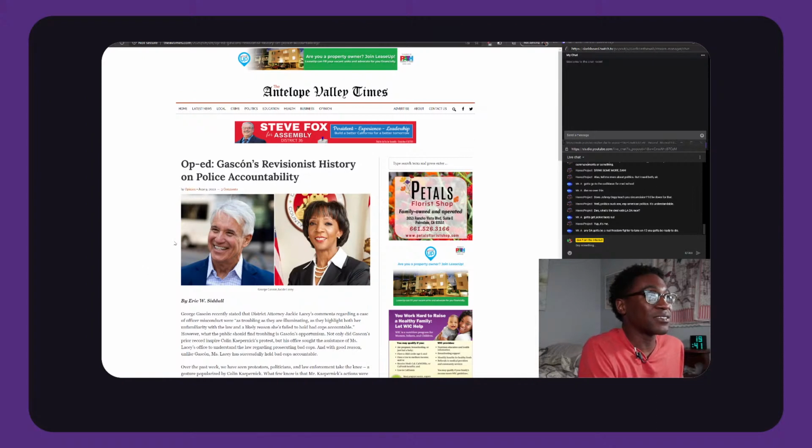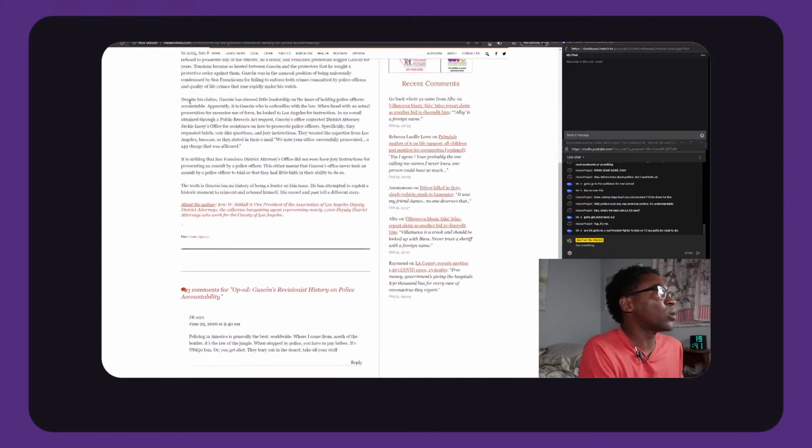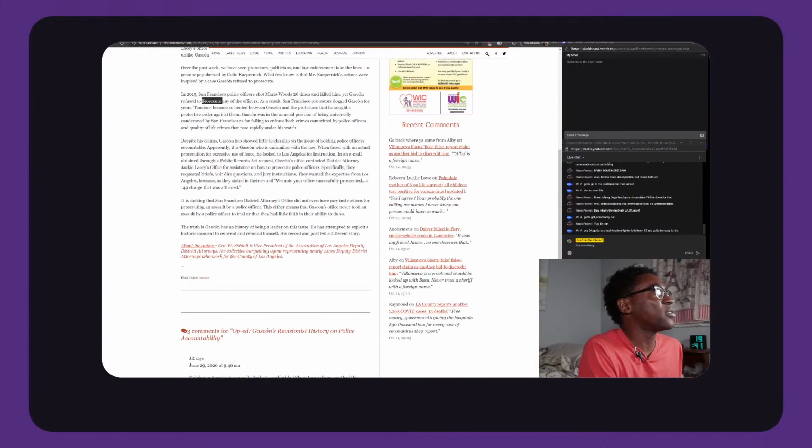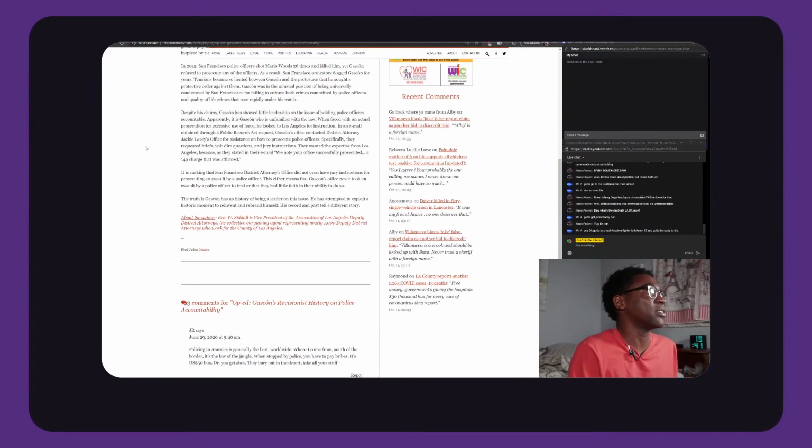The issue is that in 2015, San Francisco police officers shot Mario Woods 26 times and killed him, and Gascón refused to prosecute any of the officers. That's one of the big cases on Gascón's record that shows he's not too different from Jackie Lacey in letting cops go for really egregious police killings.